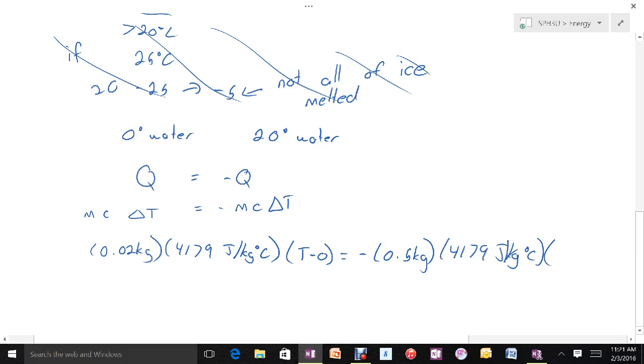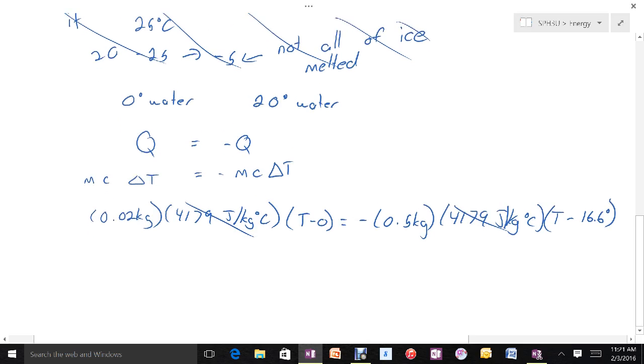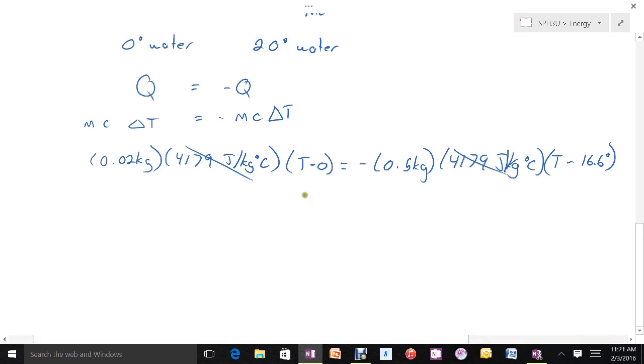And here we start from 16.6 degrees, and we're going to that same unknown thermal equilibrium. A little convenience here to make the math a little easier: because the specific heat capacity on both sides is the same, I can cancel it out and ignore it. 0.02 T on this side, minus 0, so it's just 0. Negative 0.5 T on this side.